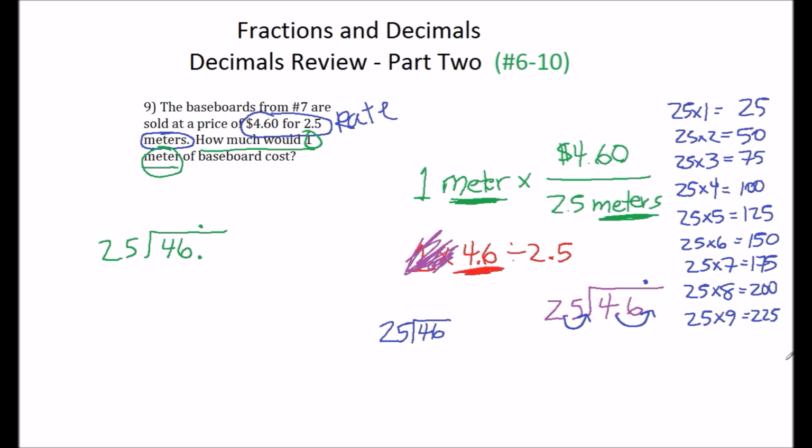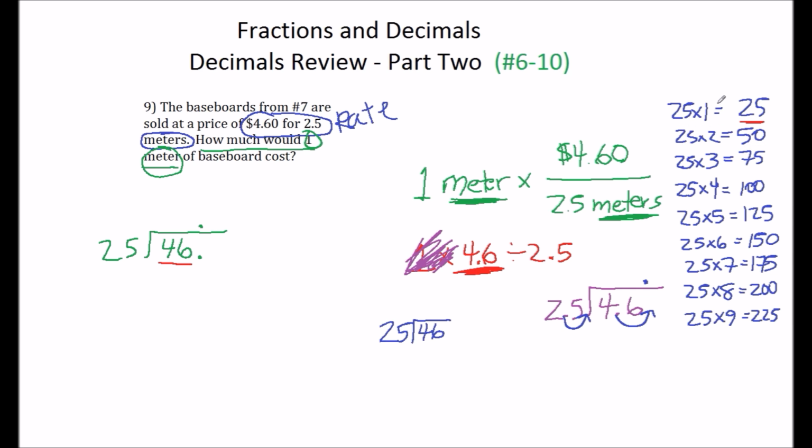Okay, so there I've got all my multiplication over here. Multiplication by 25 by single digits all the way up to 25 times 9. And I did decide I'm going to rewrite the division over here just to make sure I have enough room. So I'm going to start here and look: how many times does 25 go into 4? It doesn't. 25 is too big to go into 4. So how many times does 25 go into 46? Well, if I look over here, 25 times 1 is 25. 25 times 2 is 50. 50 is too big.